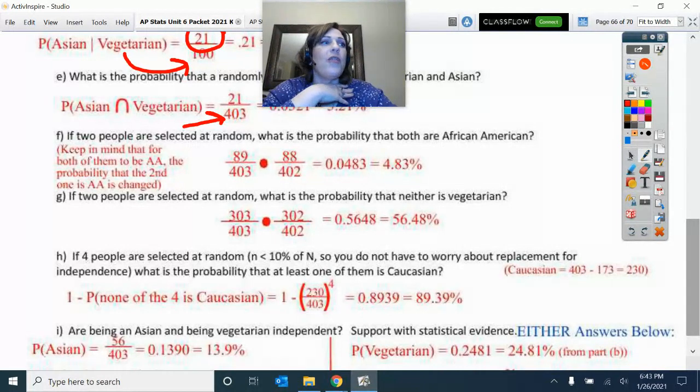Okay, so they would say something such as this. We want to select two members on a committee. So what's the probability that both members on the committee are African American? Or what's the probability that both members on the committee, neither is a vegetarian?